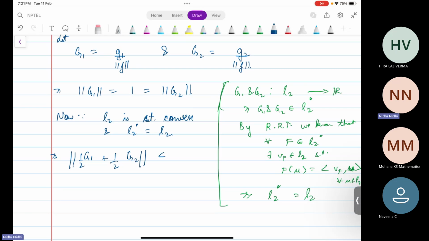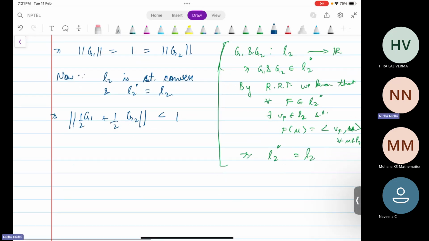This should be strictly less than 1. That means norm G1 plus G2 is strictly less than 2.